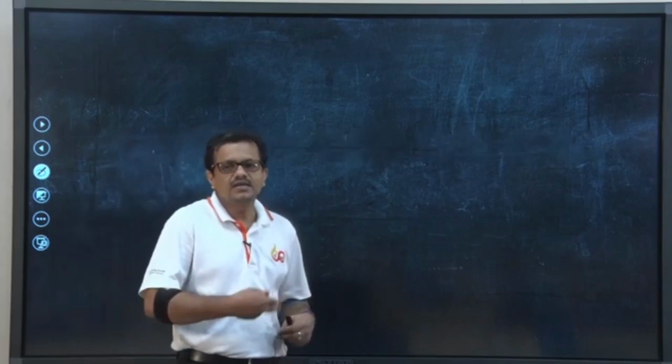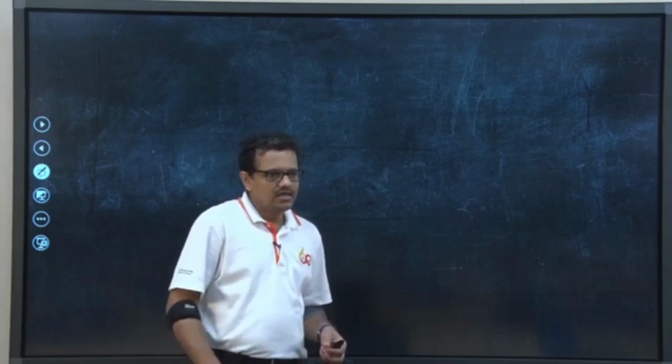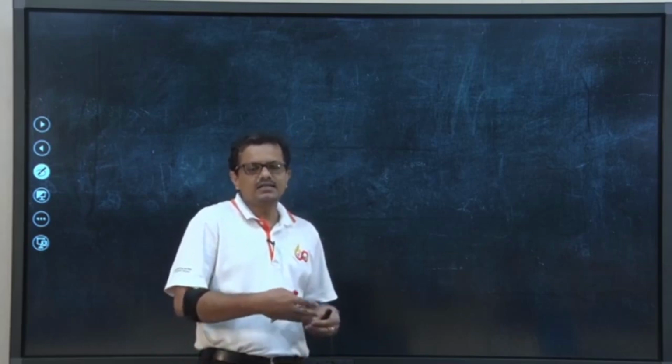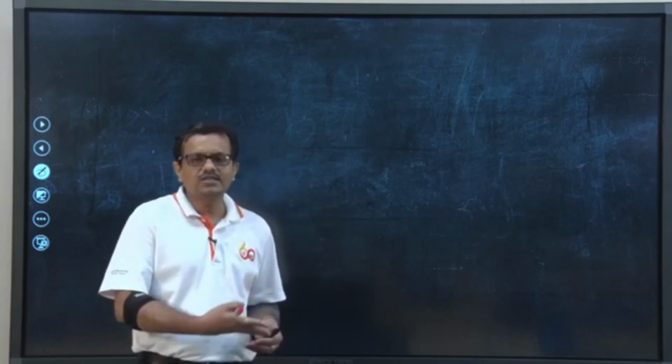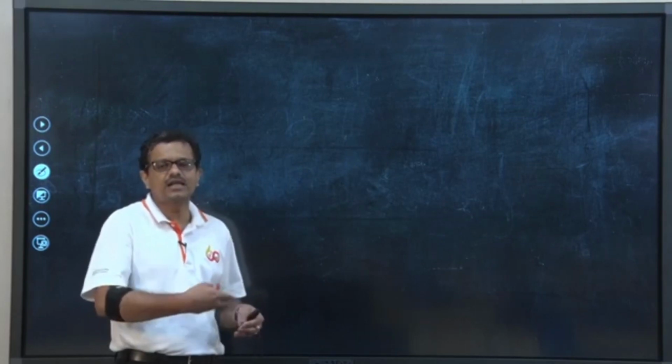we need to do? We need to draw the schematic of a 4-stroke engine. Maybe we shall discuss everything in the context of a 4-stroke engine, but eventually the relations and several expressions that we shall try to derive in today's class can also be written for 2-stroke engines.